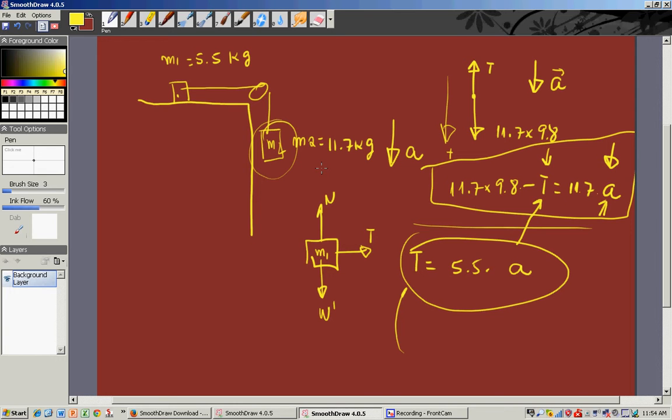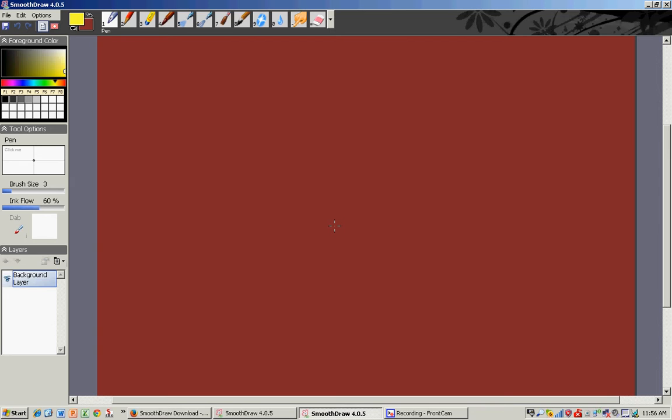So thrust minus tension is equal to the mass of the airplane times acceleration. Okay, and for the glider, you do the same thing. In this case, we are ignoring rolling friction, and then the tension is equal to the mass of the glider times whatever acceleration it has. Okay.